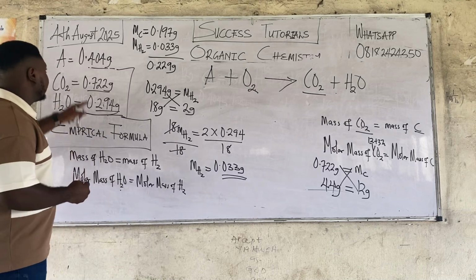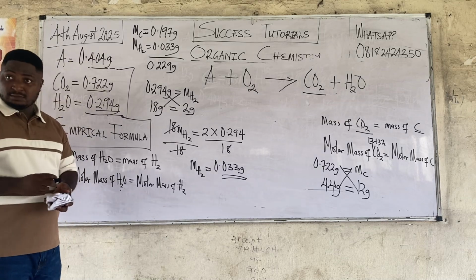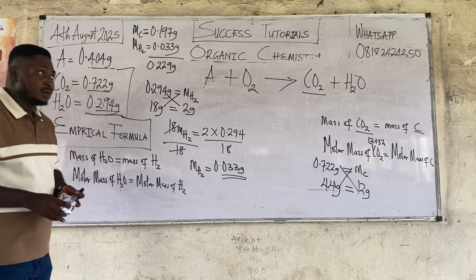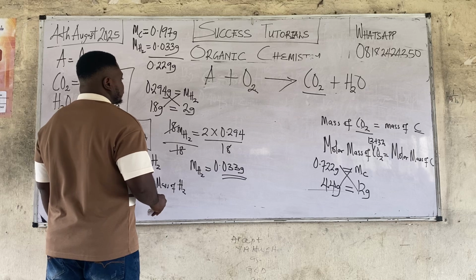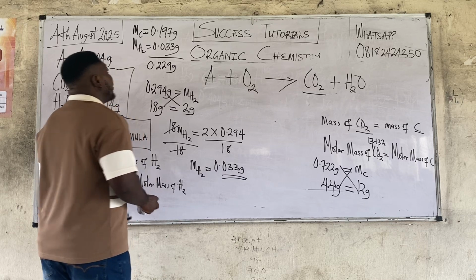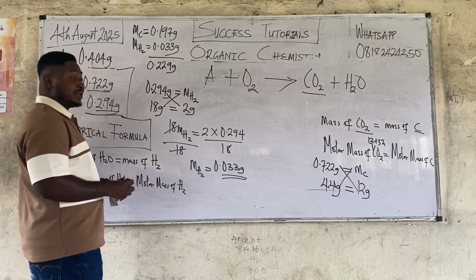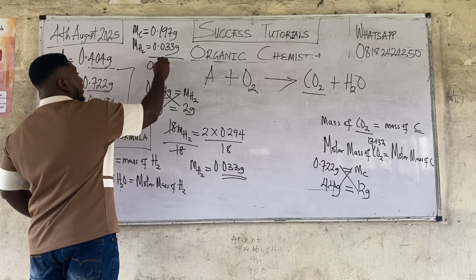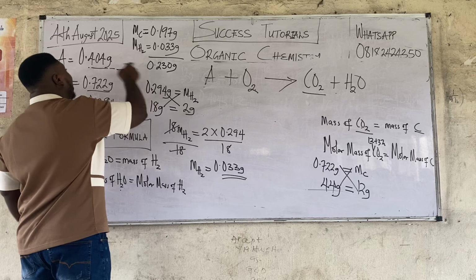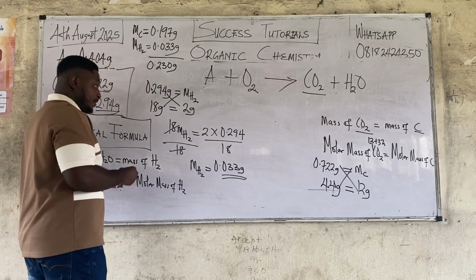Meaning that someone else is present. Now, class, follow me. 0.197 plus 0.033 is 0.230. Still not up to 0.404.